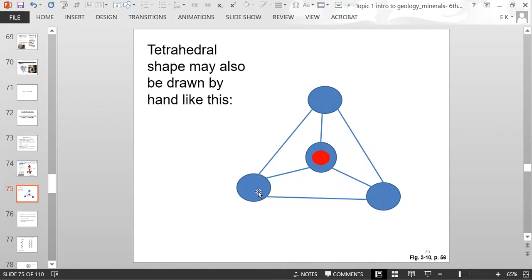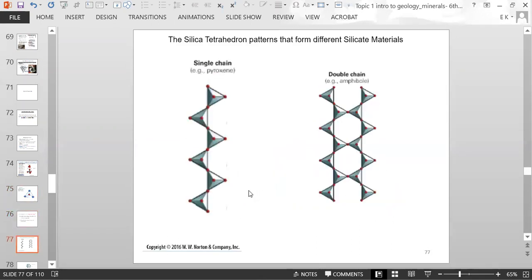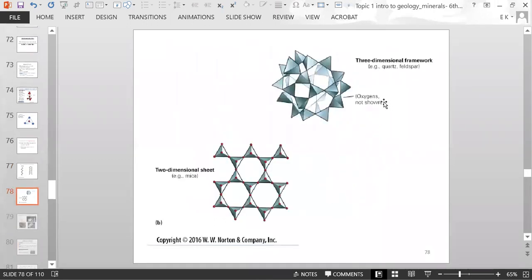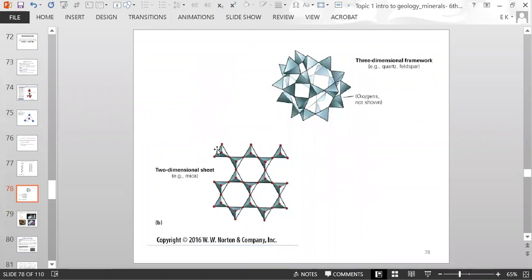When they share oxygens, in this case, they're sharing 1 oxygen with another tetrahedra. So it forms what's called a single chain. And that gives us minerals such as pyroxene. Sometimes you have a double chain, for example in a mineral called amphibole. And then sometimes you get a 2-dimensional sheet, which would be mica, for example.